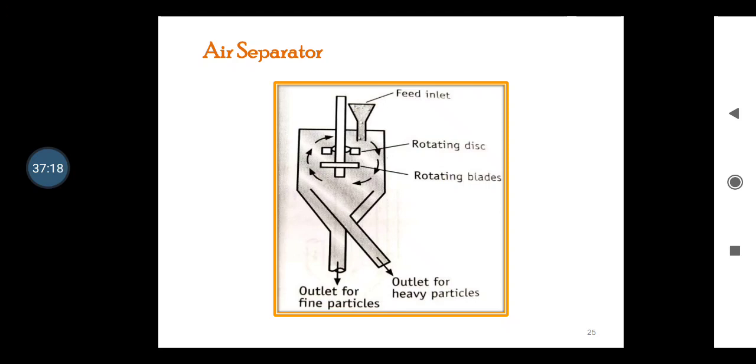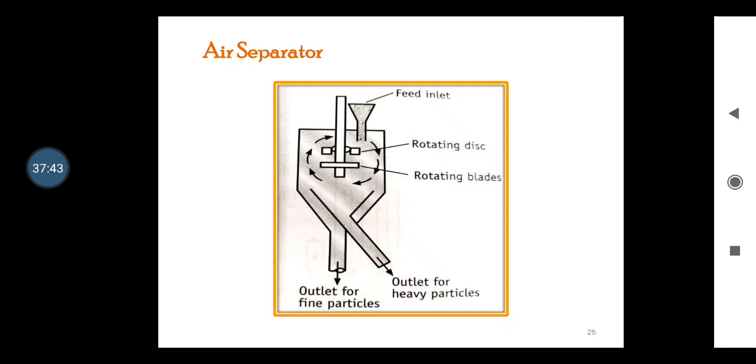Then the fine particles are picked up and carried into the space where air velocity is sufficiently reduced, and the fine particles are dropped and are ultimately collected at the outlet meant for the fine particles. The heavy particles which fall downward are removed at the outlet meant for heavy particles.